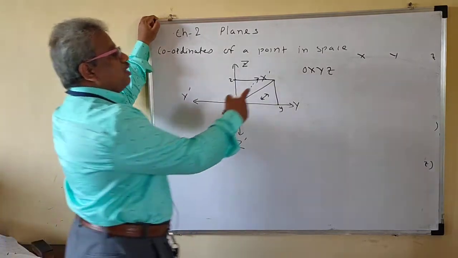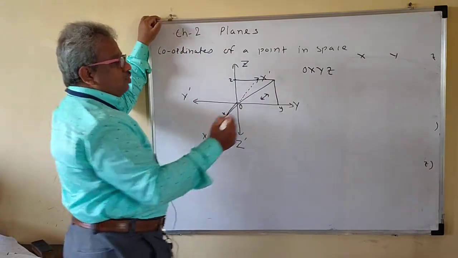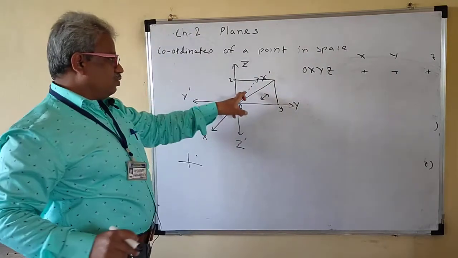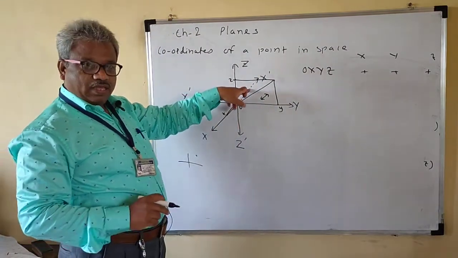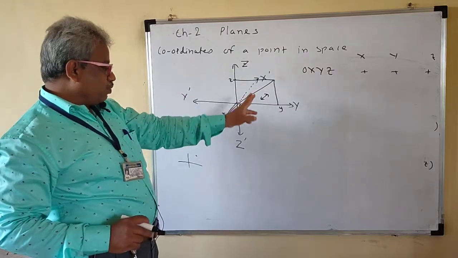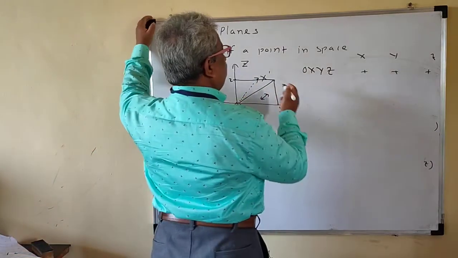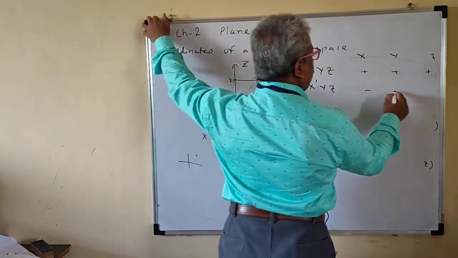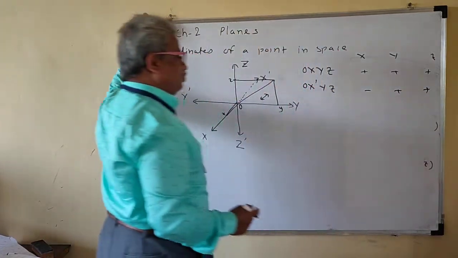Now if you consider O, X, Y, Z, this is positive, this is positive, this is positive. Right. So this X, Y, Z is this plane. Opposite of that, what do you get here? O, X prime, Y, Z. This is minus, plus, plus.